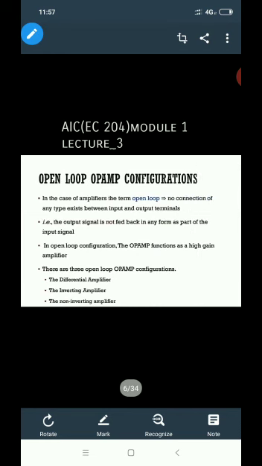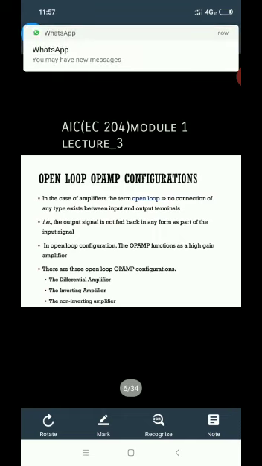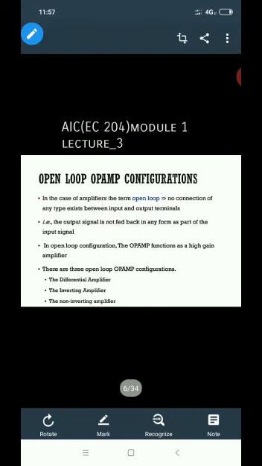Now, open loop op-amp configurations. In the case of amplifiers, the term open loop means that no connection of any type exists between the input and output terminals. That is, the output signal is not fed back in any form as part of the input signal. That is called the open loop configuration. In the open loop configuration, the op-amp functions as a high gain amplifier.